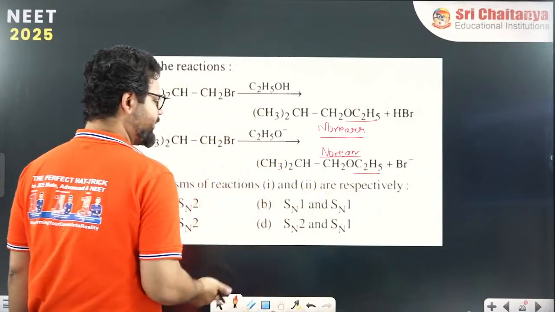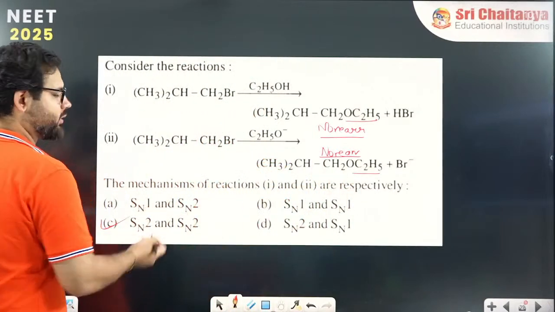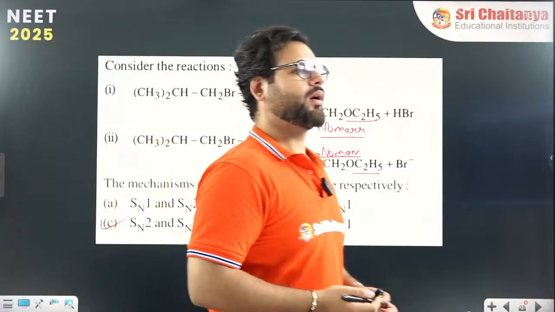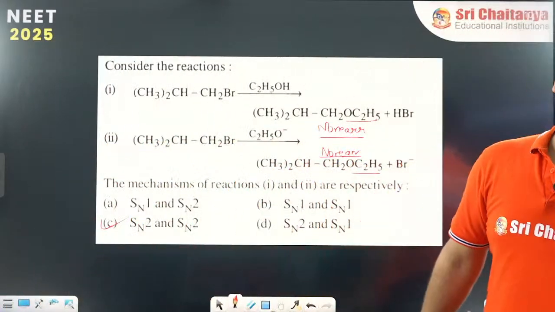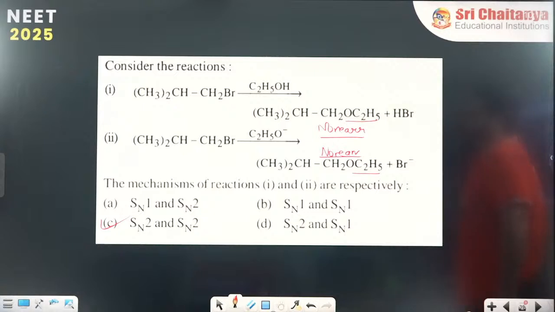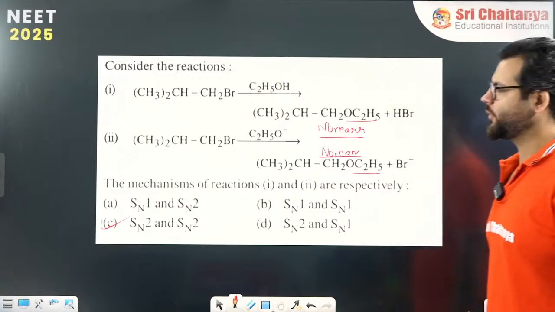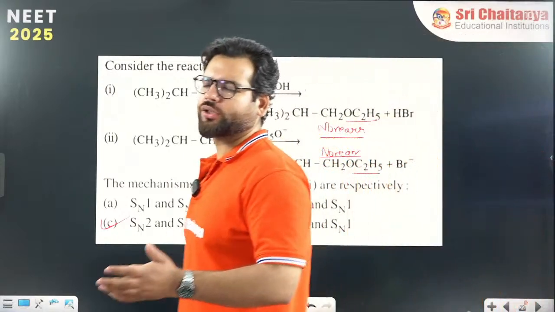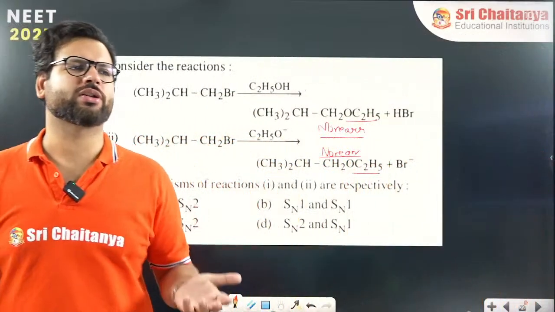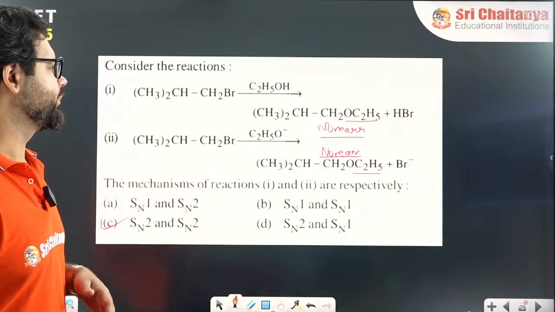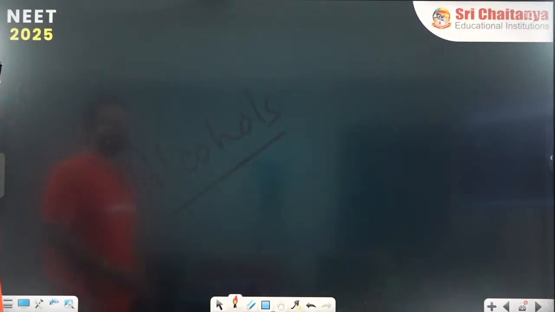If there is no rearrangement, both are SN2 reactions without a doubt. C option. Okay. If they gave you a product with a rearranged option, that means it should be an SN1 reaction. If primary does not rearrange to tertiary, it has to be SN2 only. So that is the one.